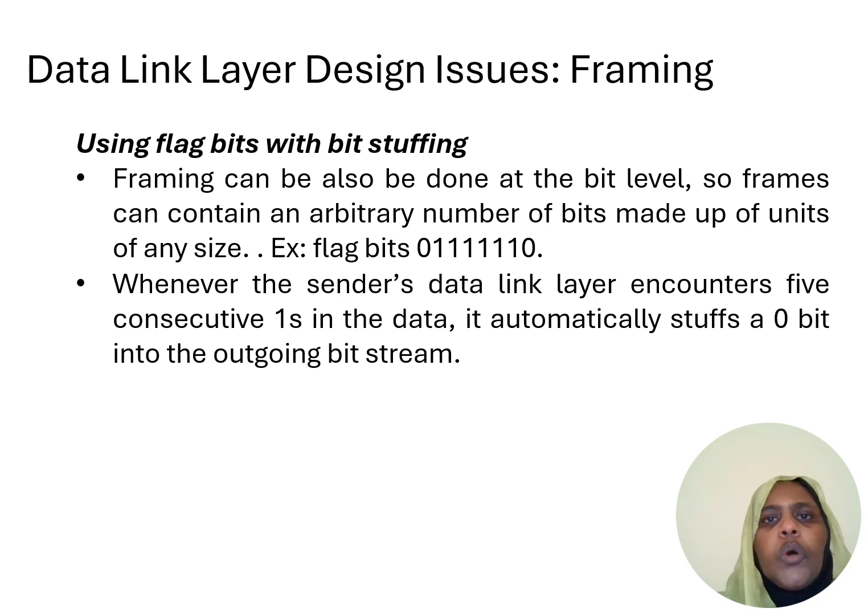Stuffing can happen on bit level, where framing can also be done on bit level. The frames can contain an arbitrary number of bits. For example, here we have 5 consecutive ones as a bit flag. And when the sender sends the data to the receiver, it will look for the flag at the beginning and on the end of the frame.